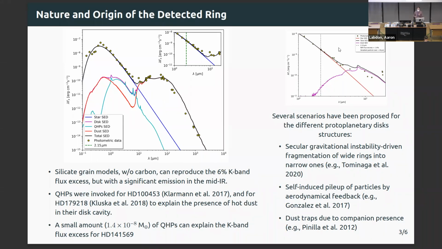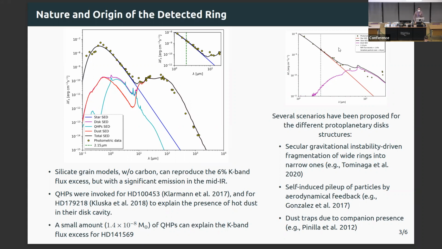For example, dust traps due to a companion's presence, self-induced pileup of particles by aerodynamical feedback, and fragmentation of wide rings due to secular gravitational instability. So further analysis and further modeling are required to discriminate between these competing models.